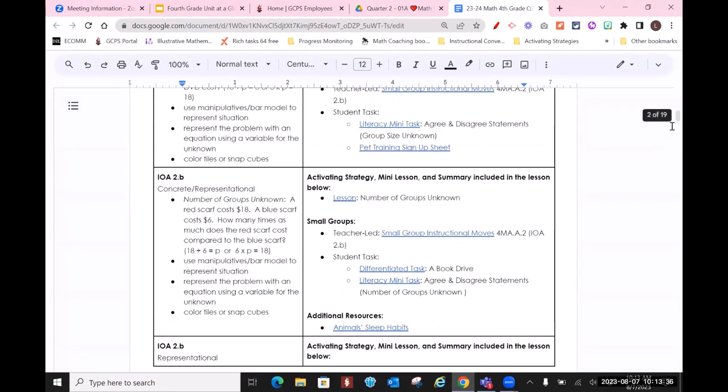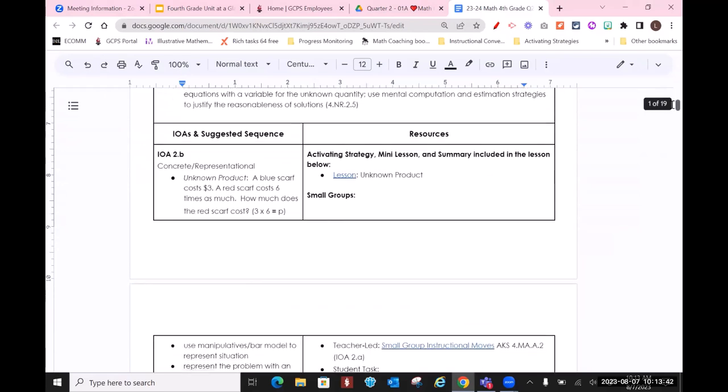Let's look at an instructional day to point out some of the resources on our pacing guide. I'm going to go back up to our first day for IOA 2B. So this day, you can see, is concrete representational. The learning objectives are here. We're going to be concentrating on unknown product, and there's an example of what an unknown product situation would look like.